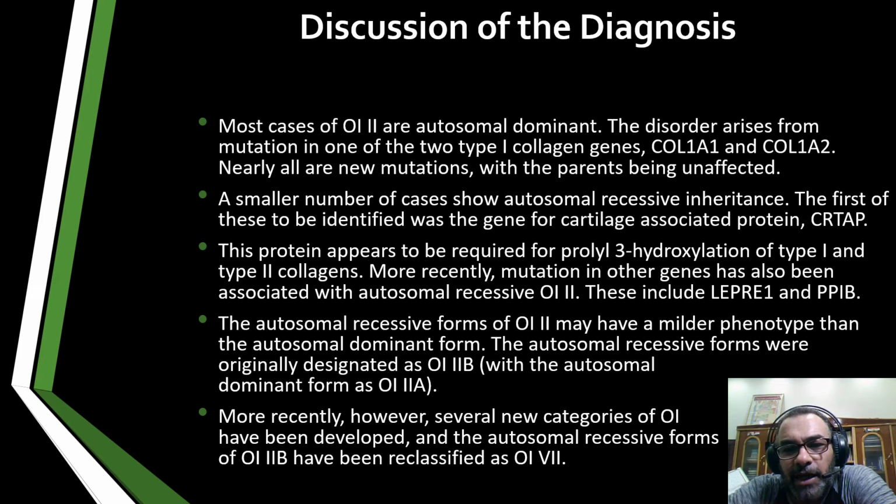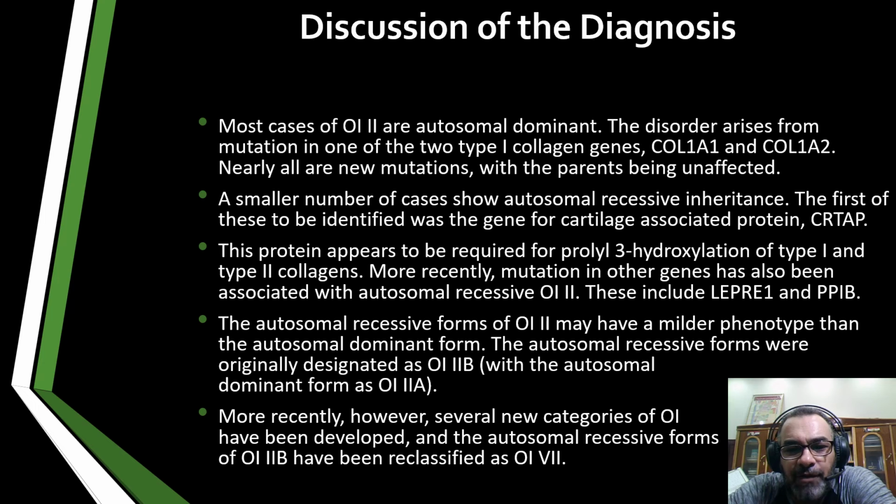These include LEPRE1 and PPIB. The autosomal recessive forms of osteogenesis imperfecta type 2 may have a milder phenotype than the autosomal dominant form. The autosomal recessive forms were originally designated as osteogenesis imperfecta type 2B, with the autosomal dominant form as osteogenesis imperfecta type 2A.